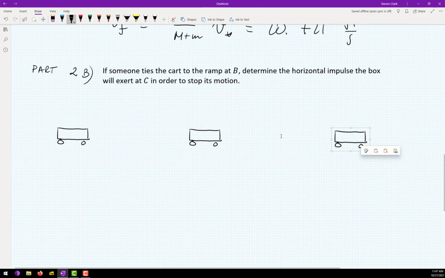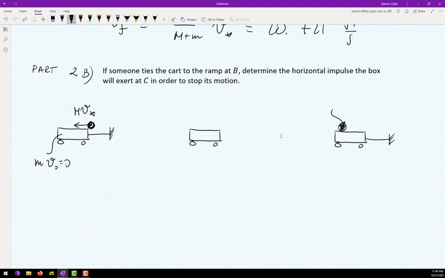Our particle again enters here with mv star, and this one has velocity 0. But this time the cart is attached here. There's a constraint here. And now both have mv final equal to 0.